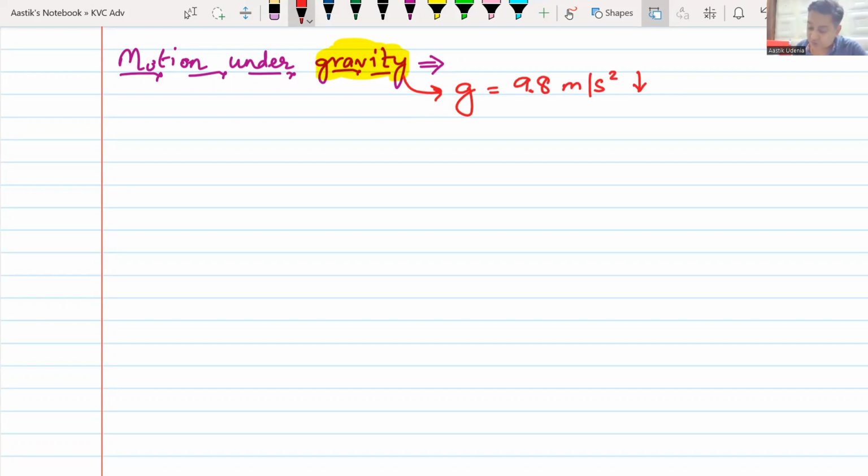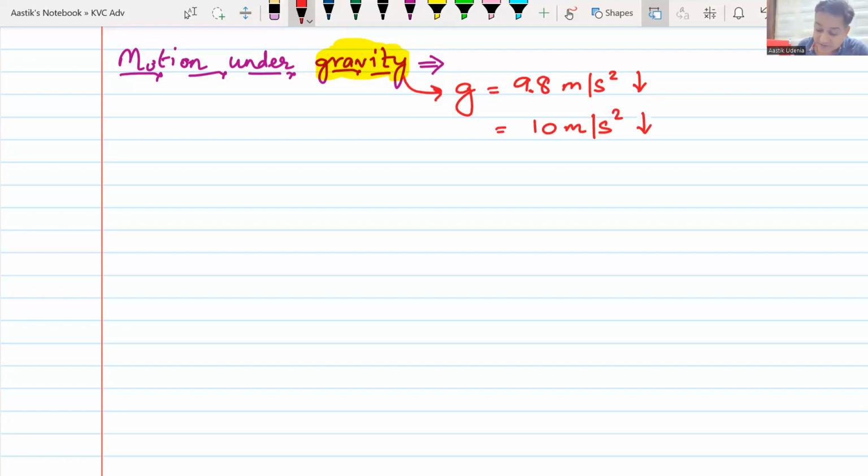It's not exactly downwards. It's actually even not towards the center of Earth. It is somewhere in between. We will see that direction in the chapter on gravitation. But right now, to solve questions, we will be taking g, not as even 9.8, just to make the question simpler. In some cases, we will be taking it as 10 meter per second square directed vertically downwards.